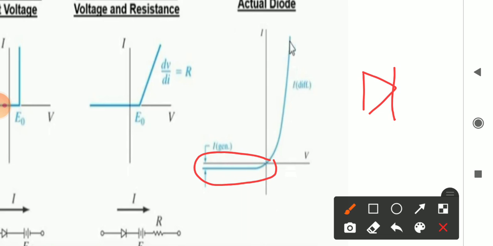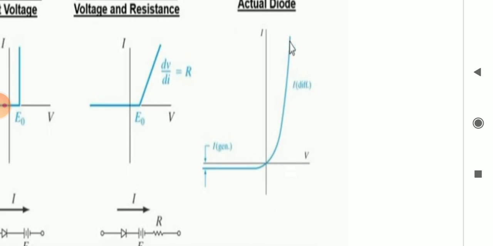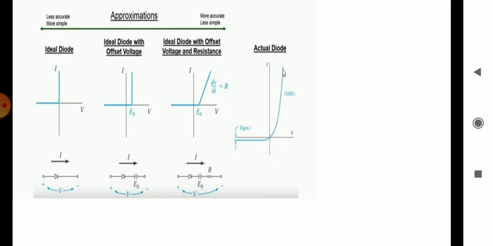Igen is nothing but a drift current because of the presence of minority charge carriers in the opposite junction. All these three, as well as this actual diode graph, we call piecewise graphs. In the exam they may ask about rectifiers and a piecewise explanation of equivalent circuits.